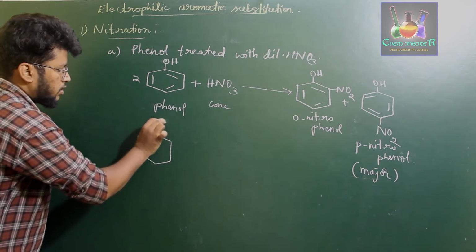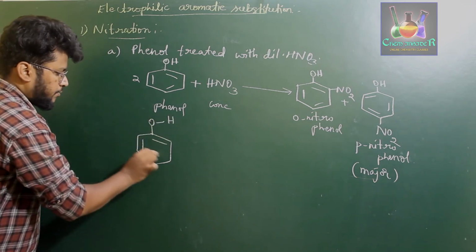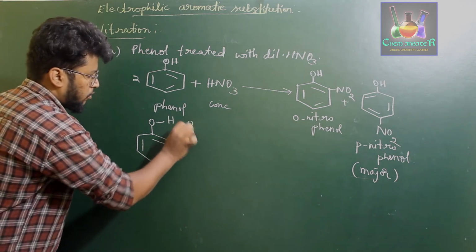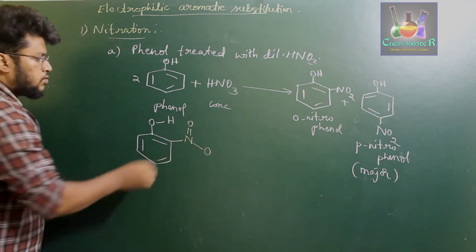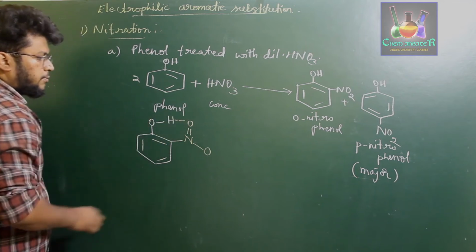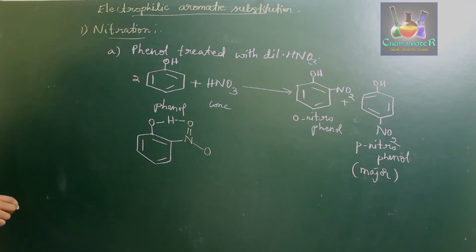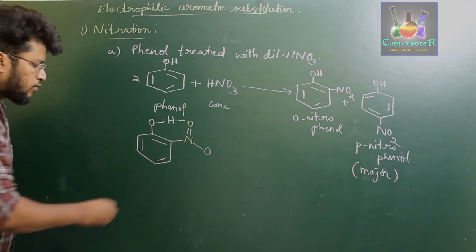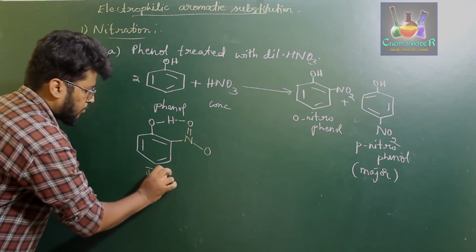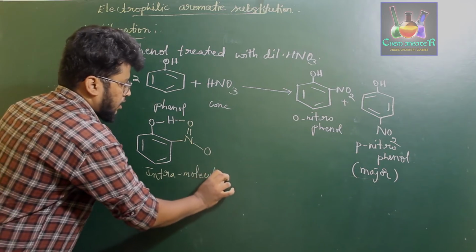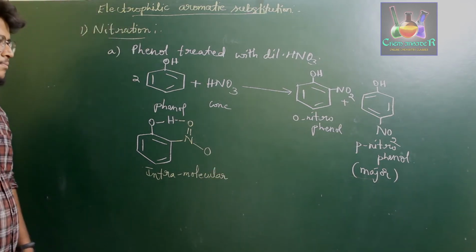We have oxygen with hydrogen over here, and the NO2 will be of this form, N double bond O. So this oxygen and hydrogen experience hydrogen bonding. This particular hydrogen bonding is taking place inside the molecule itself. Therefore, this is intramolecular hydrogen bonding.